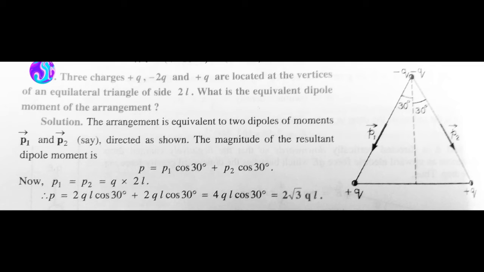If you take the components of P1 and P2, the two sine 30 components along the x-axis will get cancelled, but the other two cos components along the height of the equilateral triangle will remain. So total P is equal to P1 cos 30 plus P2 cos 30. P1 and P2 are both equal dipoles. We put the values for Q and 2L, and the net answer is 4QL cos 30, which is 2 root 3 QL. Okay, this is the sum.